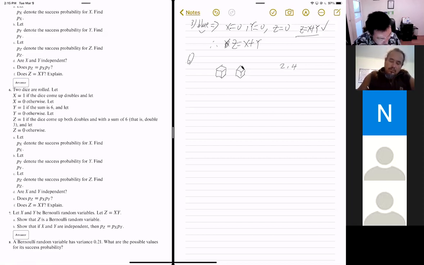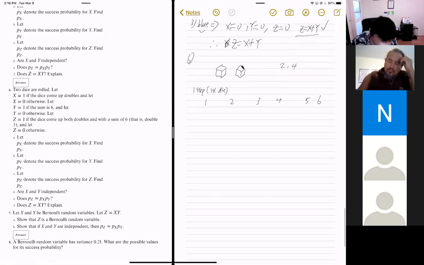We can think of this as a 2-step experiment. The first step, we see the number for the first die. We have how many possible outcomes? 6. The possible outcomes are 1, 2, 3, 4, 5, and 6.